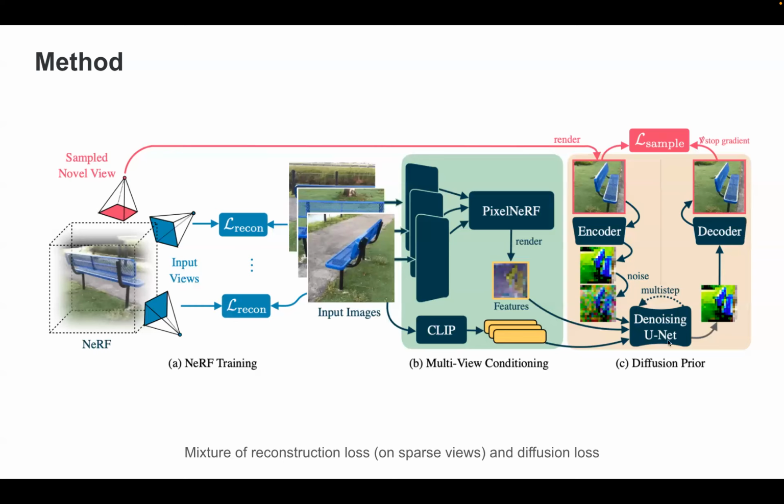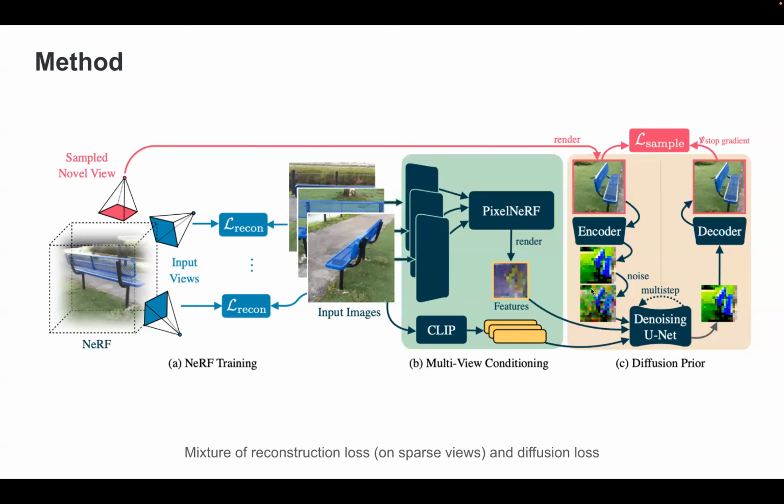Then you perform 10 steps of the denoising operation, and then decode it. Through this, you have an additional loss for the views which are not part of the training data set.